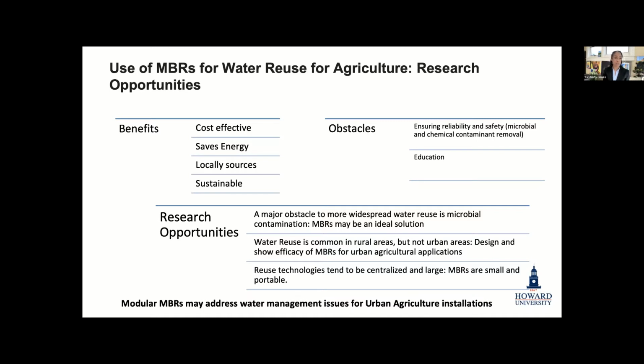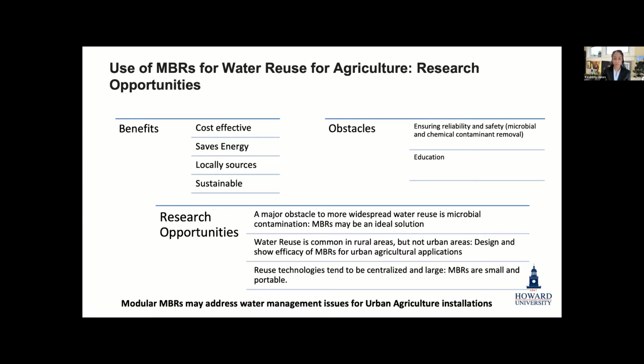So there are a number of research opportunities: microbial contamination and how to reduce it, ways to increase the use, particularly in urban agricultural applications that may not have room for a large treatment system, which could be done in a much smaller footprint. And also to come up in general with more decentralized treatment options.